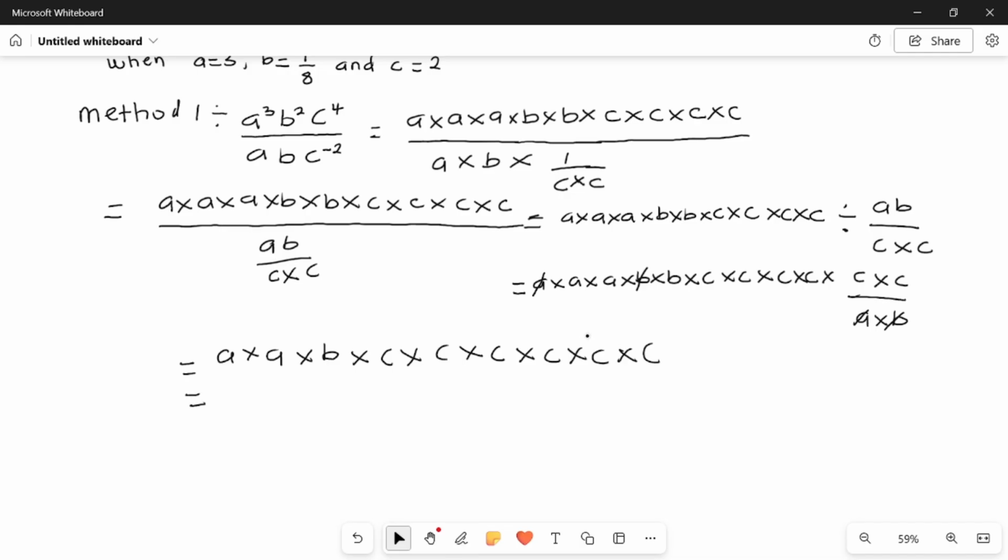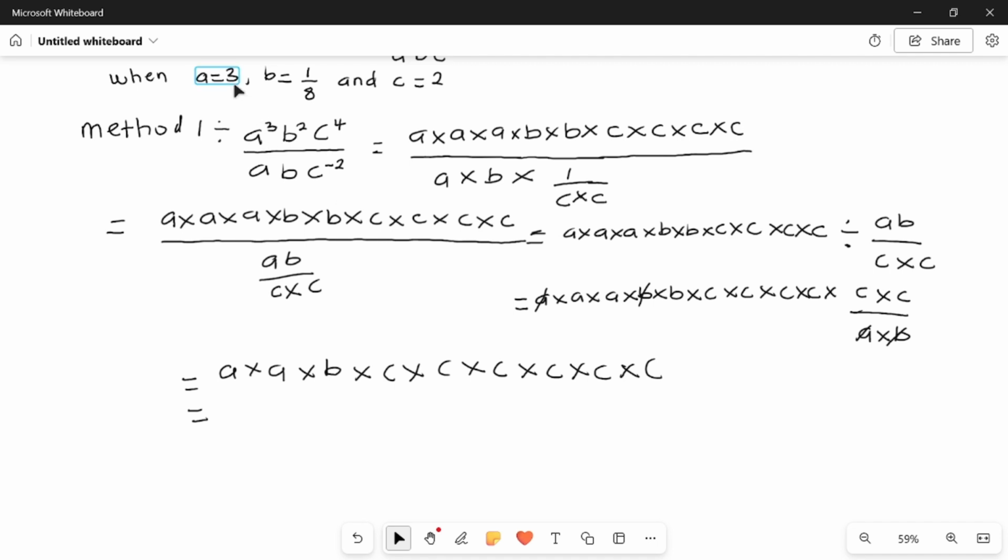We know that A was given to us as equals to 3, and B was given to us as 1/8, and C was given to us as equals to 2. So we'll put in the values of A, B, and C into this place.